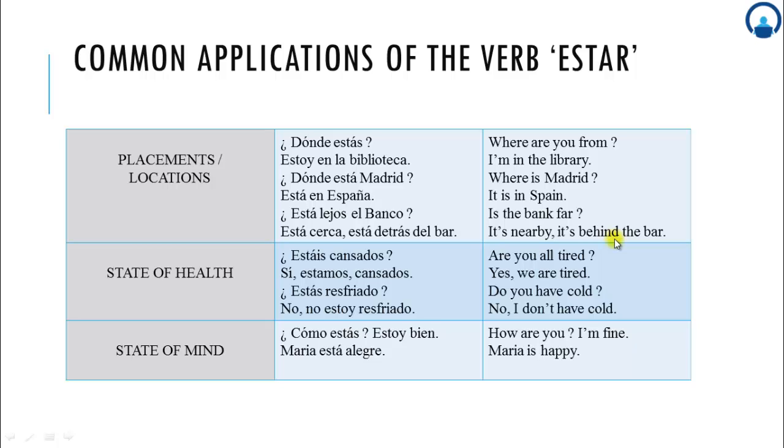Now the statement is changed, right? He won't say it is behind the bar again. He'll say that it's just opposite the bar. And that's how the location has changed. And that's the reason that placements and locations in this case use the verb estar, for the variable state.